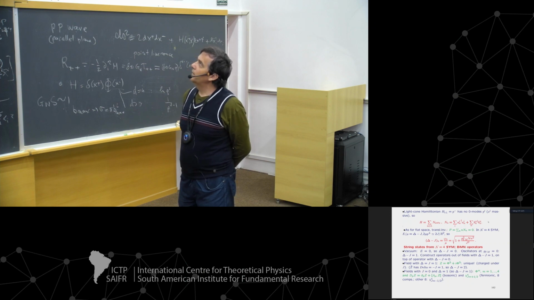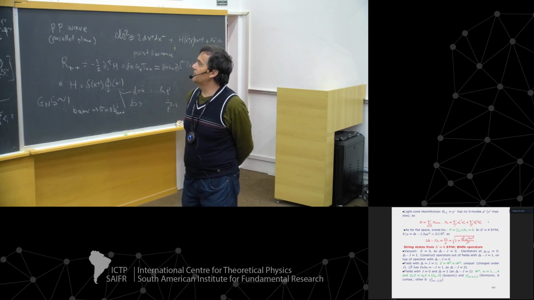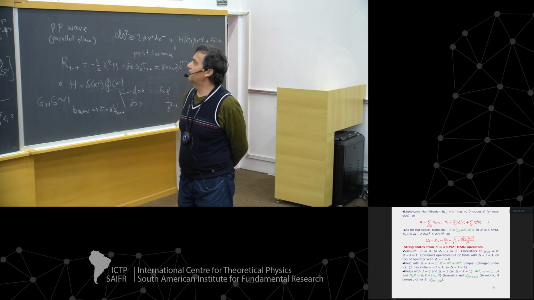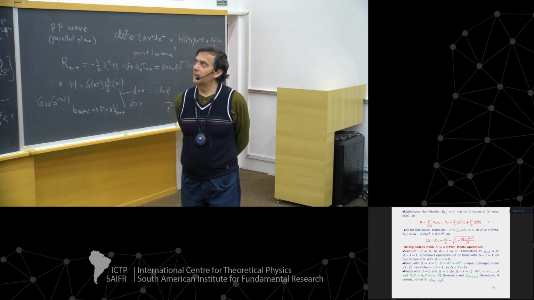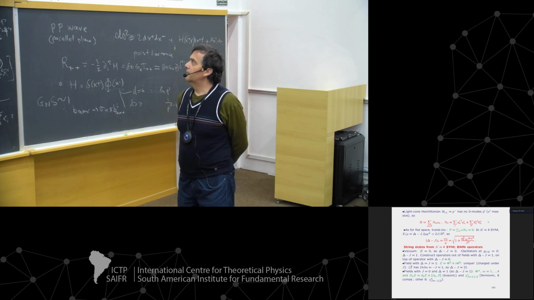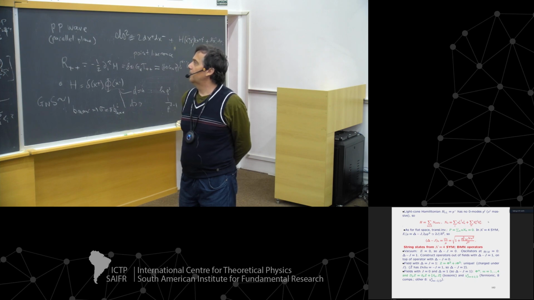And we can write down the Hamiltonian, which is just a free Hamiltonian for oscillators with frequency omega n. So it's a number operator, A dagger A if you want, for the bosons, and B dagger B for the fermions. And then the frequency is omega n.